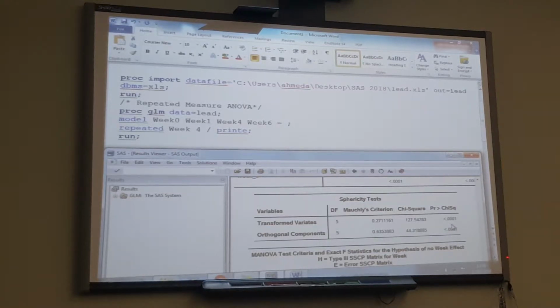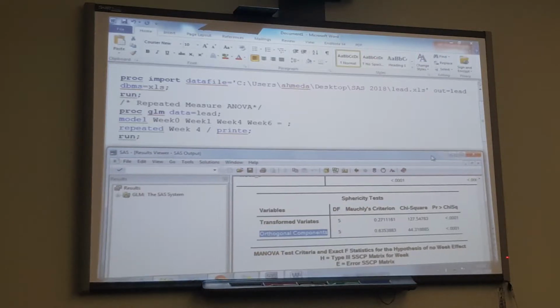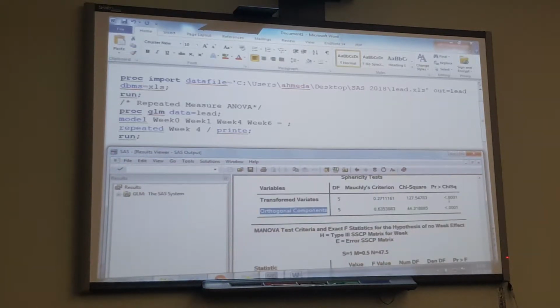Not always, but likely the significance is the same. If one of them is significant, the other one would be significant too. So orthogonal would be the best one to use. So according to this, not the sphericity, we use the Greenhouse.